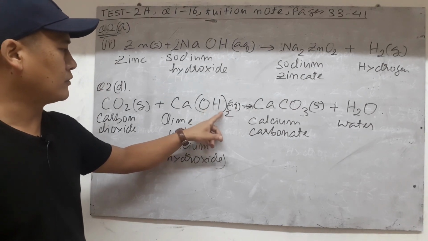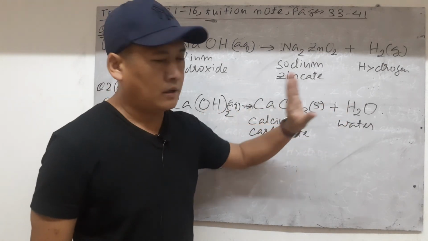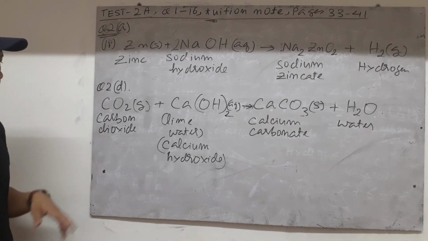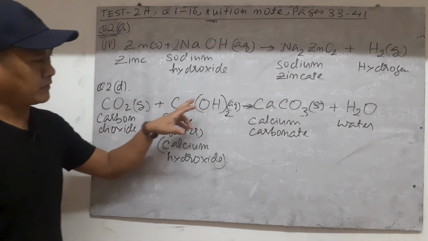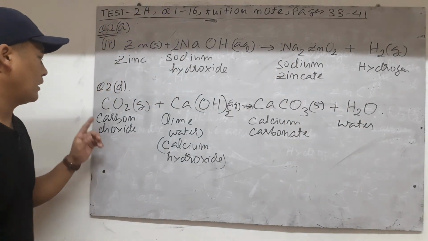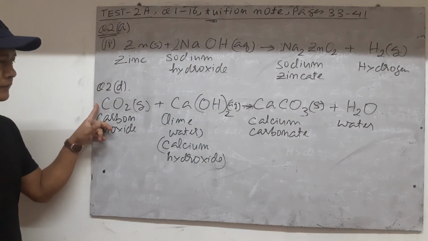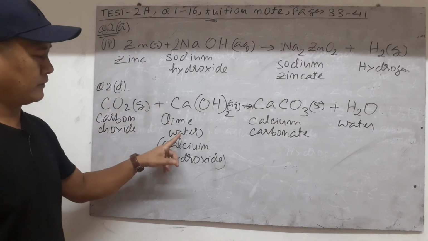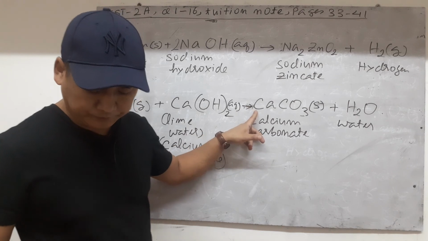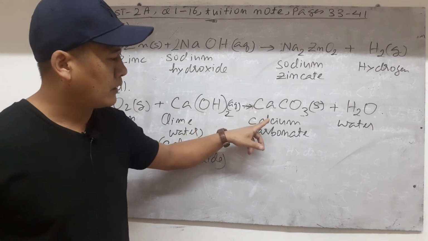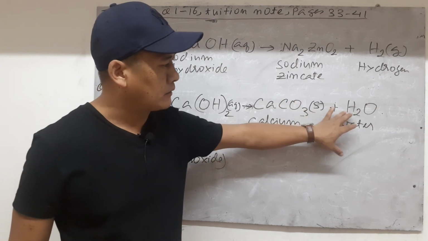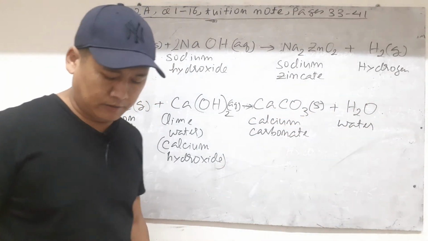Oxygen is done, hydrogen, 2 ones are 2 hydrogen. Here also 2 hydrogen. So this is a balanced equation. So let us read the balanced equation. 1 molecule of carbon dioxide reacts with 1 molecule of lime water or calcium hydroxide, the real name, to give us 1 molecule of calcium carbonate. It is whitish in color, okay, and then 1 molecule of water.